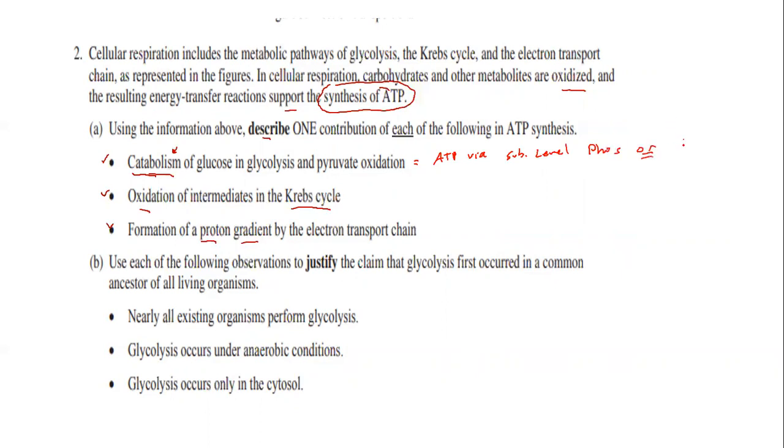Or you could have stated that NADH is produced. And that NADH is going to be used for the electron transport chain. So either one of these would have got you 1 point. So if you stated that ATP via substrate level phosphorylation, or NADH, just NADH, is produced for the ETC, that's how you got 1 point.